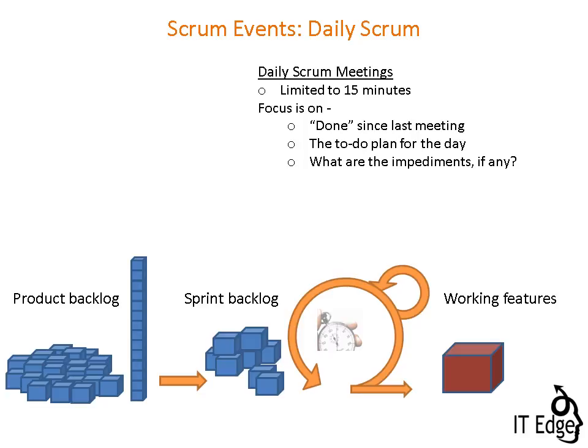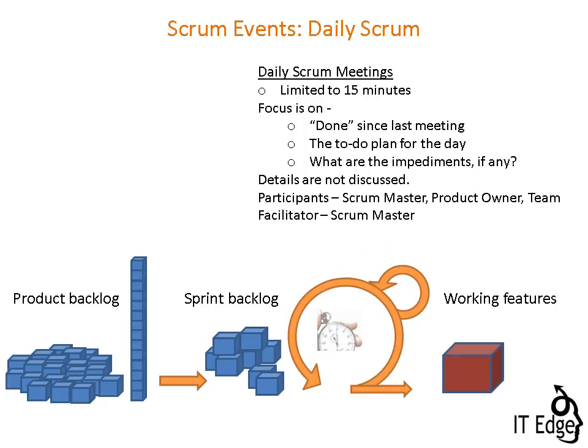The team members communicate their to-do lists for the day and explain what kind of support, if any, may be required. Details are not discussed during this meeting. The Scrum Master, the product owner, and the team participate in this meeting, during which the Scrum Master is the facilitator.